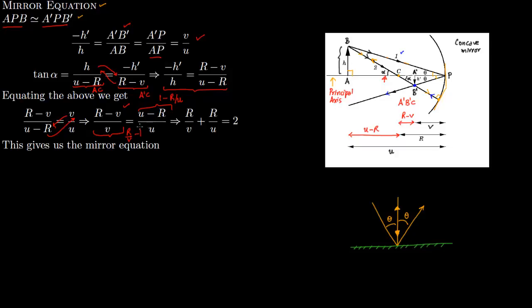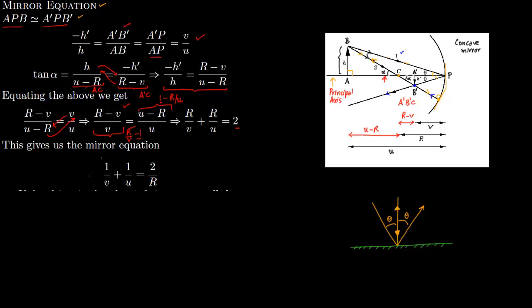So you get R by V, which comes from here, minus 1 you take onto this side, is minus 1 plus 1, you get 2, and minus R by U you have taken on this side, you get plus R by U. Now you divide both sides by R, this gives you the mirror equation, 1 by V plus 1 by U is equal to 2 by R.